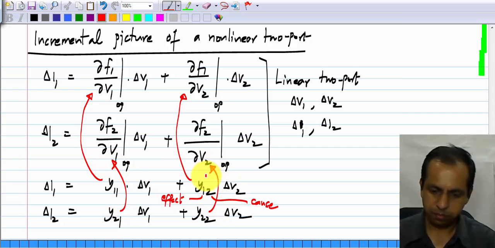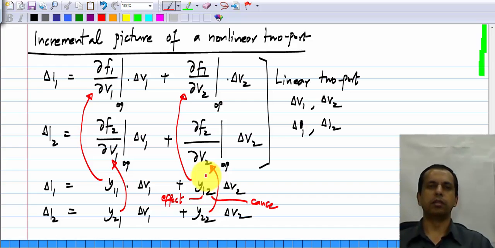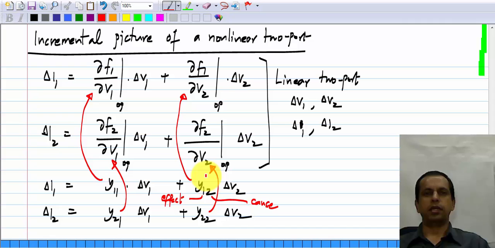So, what we get finally is a linear two port network. In case of a two terminal element or a one port element, we got a resistor. Now we have a linear two port network, and the circuit equivalent is also the same as what we used for a linear two port network.